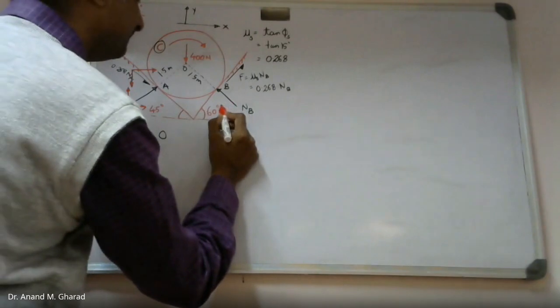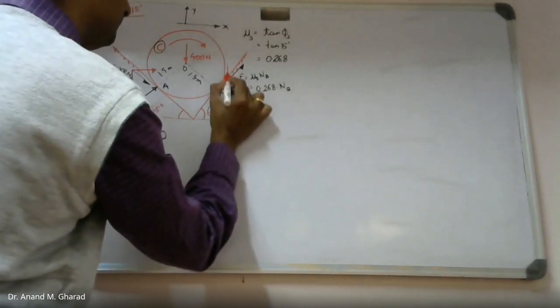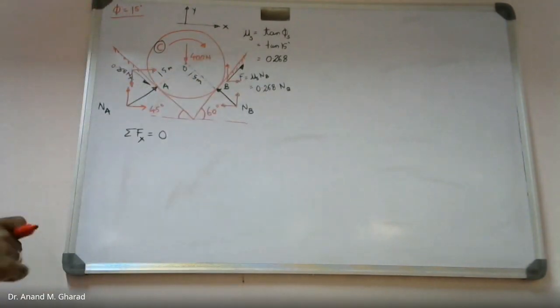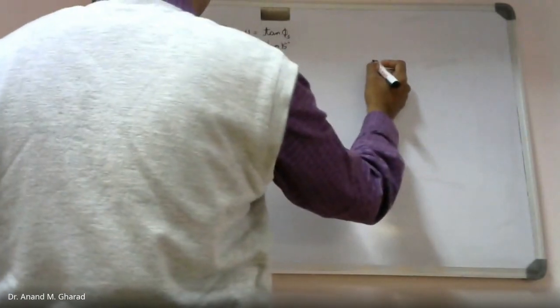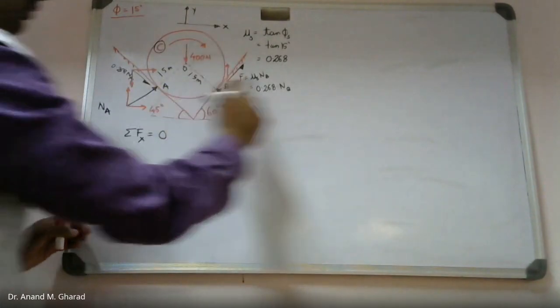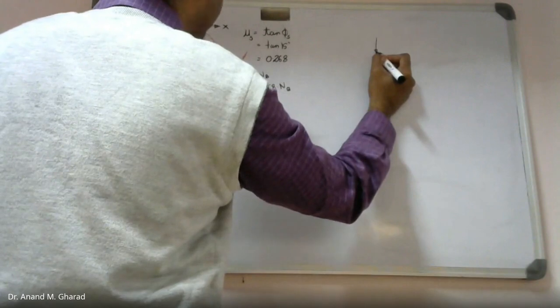Correct? Okay. This will be like this, like this. So I will draw it separately in order to have clarity. I won't be drawing the complete circle and all. What I will be drawing is this information only.